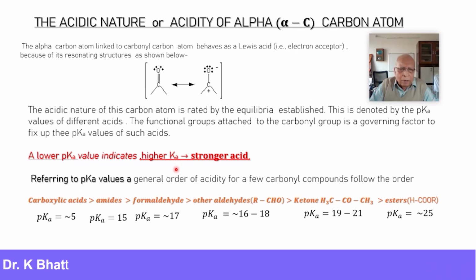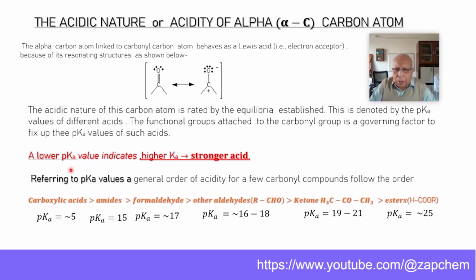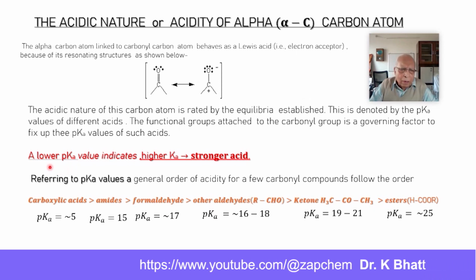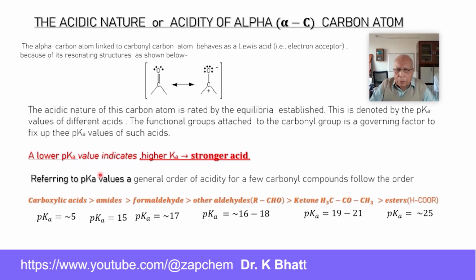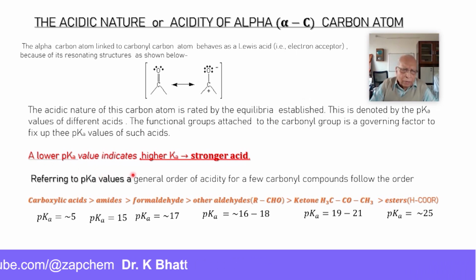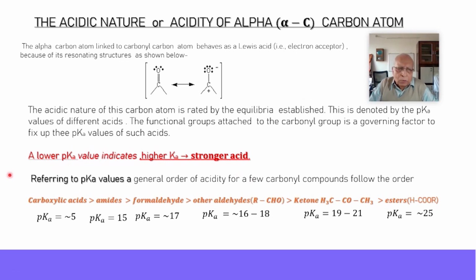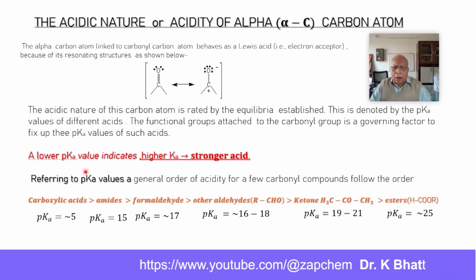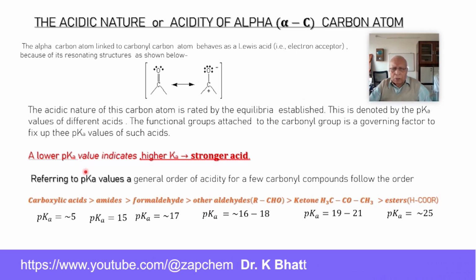The negative logarithm of Ka is known as pKa. So all acids are identified by pKa. pKa is the negative logarithm of the equilibrium constant for acids, and the lower the pKa, the stronger the acid.